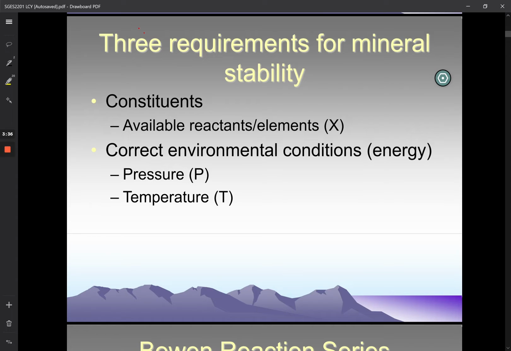And also the correct environmental conditions. This will involve energy. One of the conditions that greatly influences mineral stability is always temperature, and also pressure.